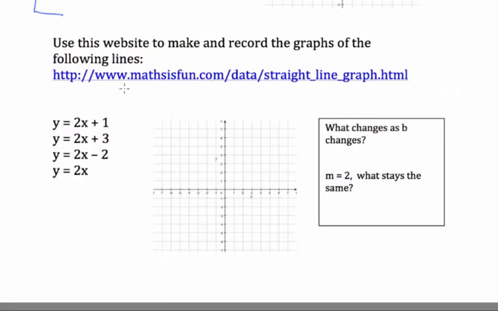I'm going to go back and forth between this website and our notes so that we can quickly graph these lines. So when I go to this website and show the graphs of these lines, you graph them on your notes.